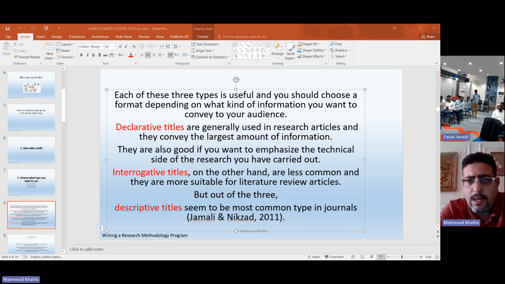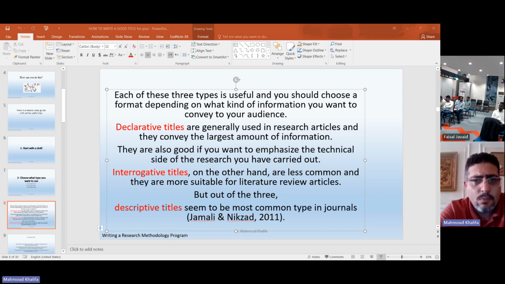Avoid titles that are too long. By the way, according to the American Psychological Association, they recommend the length of the title be not more than 12 words. Okay, don't use long titles.